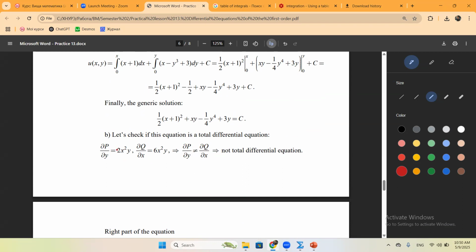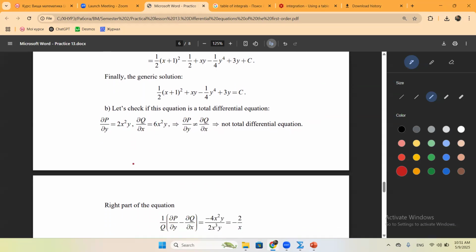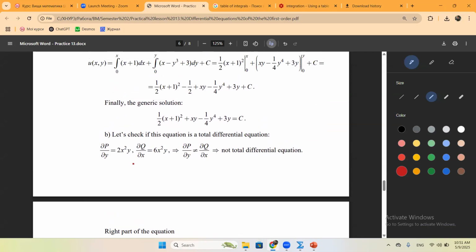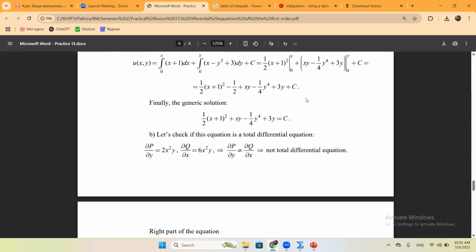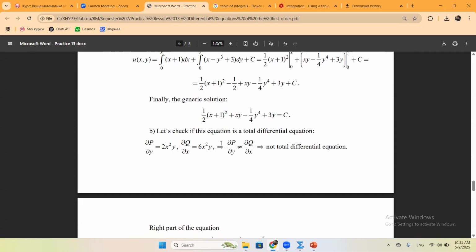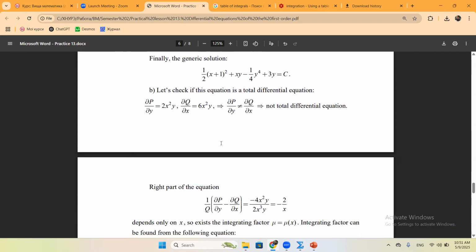However, we can see that they are quite similar, but with different coefficients before them. So what to do in this situation? We actually can find an integrating factor.